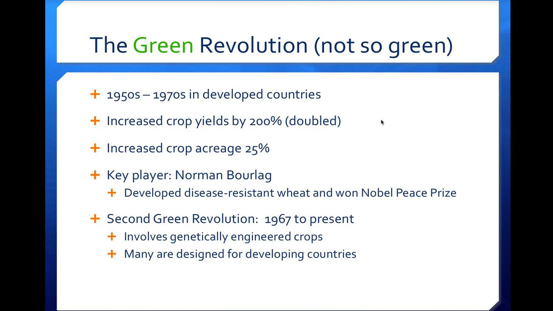And they're able to grow larger heads of corn and bigger stalks of wheat on the same short stalk, and that means that the plant is actually putting more energy towards producing the food, the fruit, the part that humans want, and less energy producing the rest of the stalk. So the second green revolution is ongoing, and we've had a lot of advancements in that area. We'll talk about genetically modified crops later.